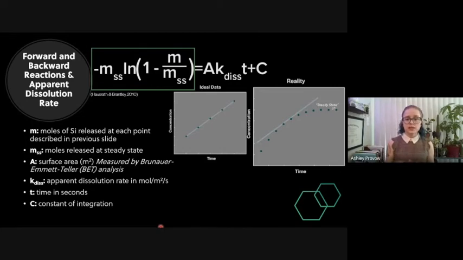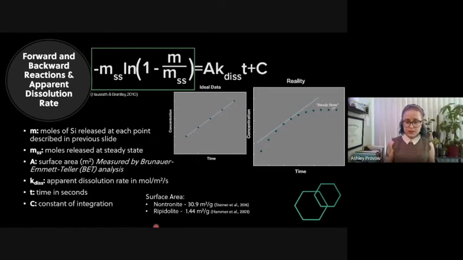We use that and calculate every single timestamp and plot that on a graph similar to this, with concentration versus time. We then regress a trend line through that data, take the slope of that trend line and divide it by the surface area of the minerals, and that is our apparent dissolution rate.